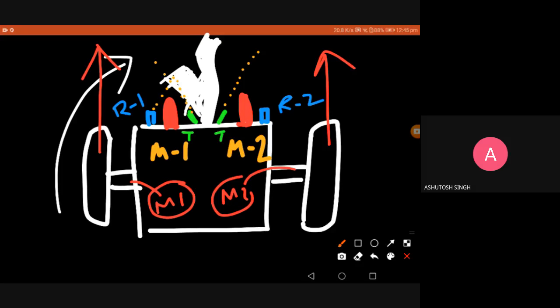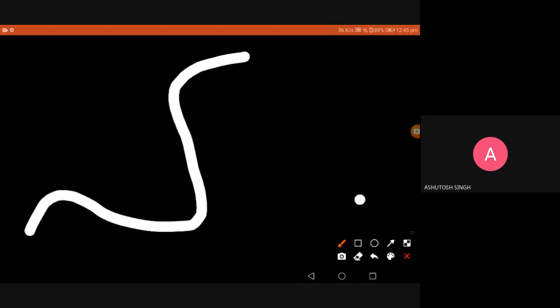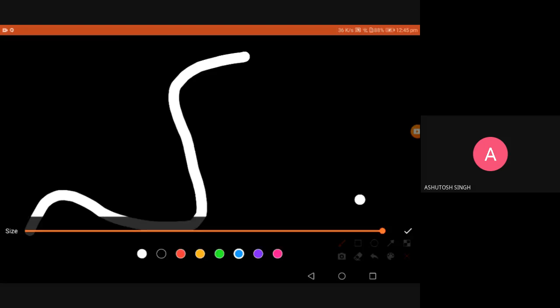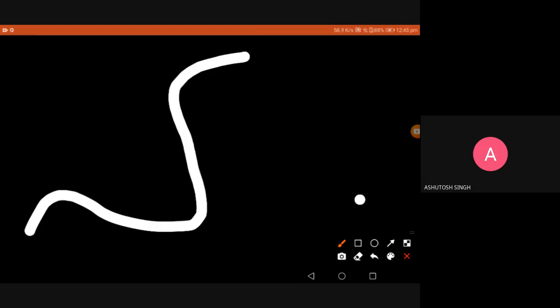Okay, so I'll draw how it works. For example, this is a right turn and there's a left turn also. My robot is here. What happens when there is a left turn?